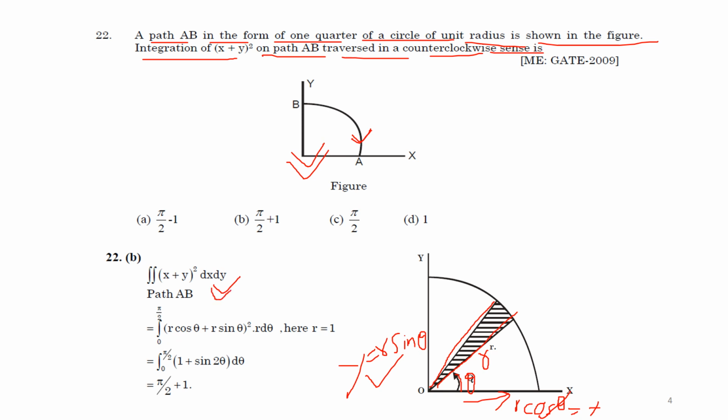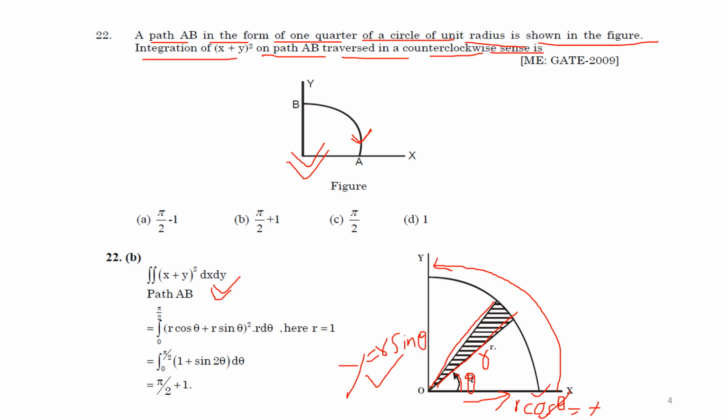So actually we are converting this normal quadrant into a polar quadrant. Theta is varying from 0 to 90 degrees, so the new limit will be 0 to pi by 2.